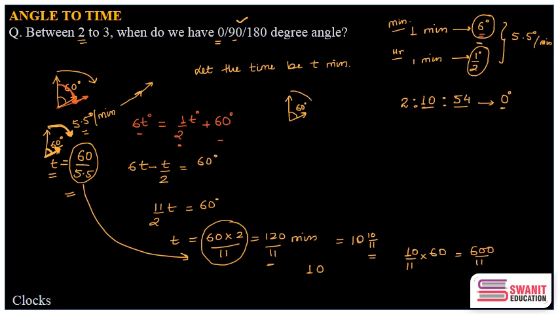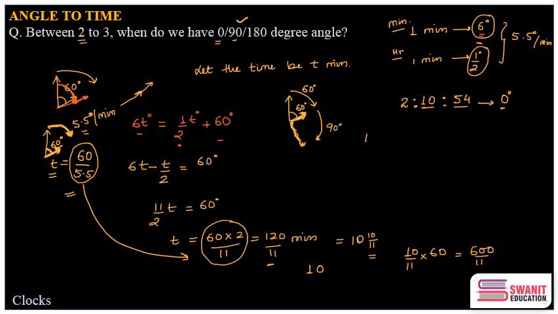This needle will rotate for 60 degree and therefore it will become 0 degree, and then it will come further for 90 degrees, and hence somewhere over here the needles will come at an angle of 90 degree. As I told earlier, we will not rotate the hour hand at all. We will keep the hour hand stationary. It's only the minute hand that will rotate. So it will rotate 60 degree and then 90 degree.